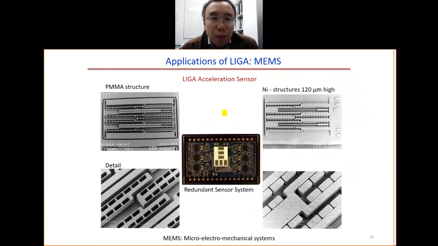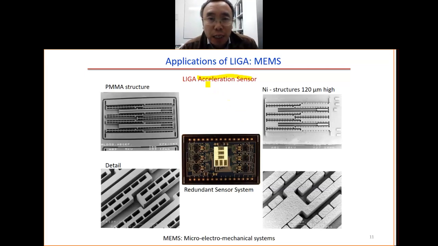Here are examples of structures made by the LIGA process. This one is called PMMA. This is the nickel structure made by electroplating into the PMMA, and those are the details. This can be used for the acceleration sensor. The accelerometer is used in a crash, when there is a collision.